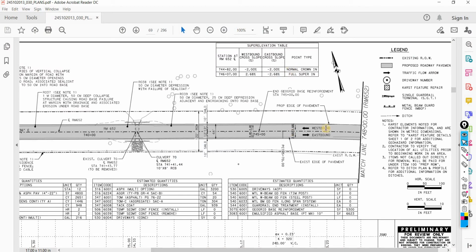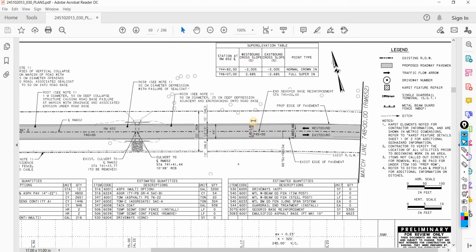So if we go to our plan and profile sheet, we see that we have a 2-lane road, and the westbound is our left side of our roadway, and the eastbound is the right side, because we're looking upstation this way. And here we have our super elevation table, and here's the beginning of our super elevation transition, which is a negative cross slope.